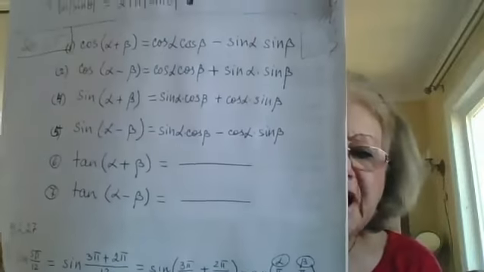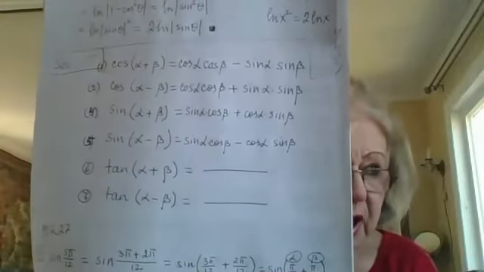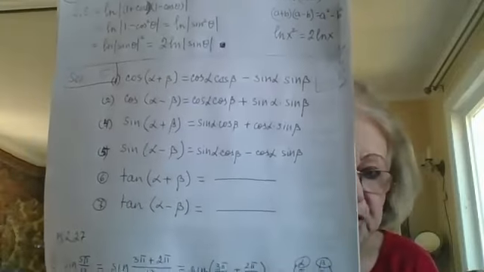I'm starting with formula number 6. Tangent of alpha plus beta and tangent of alpha minus beta, they will be equal to fractions. Look what I did right after the equal sign. I sketched quite a long fractional line. What do you have on the top for formula number 6?